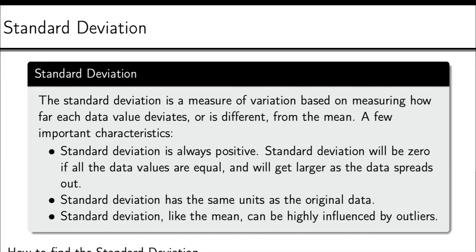Now, range, even though it's so easy to calculate, is actually not an extremely useful number. For example, say I was looking at height of a group of people, and say that the range was 2 feet. Well, that's quite a big range. That tells me that the tallest person and the shortest person in the group differ in height by 2 feet.